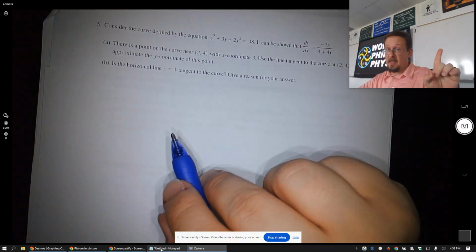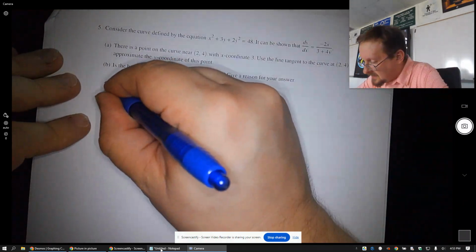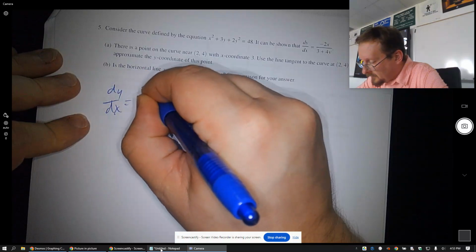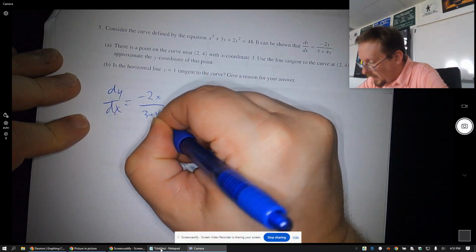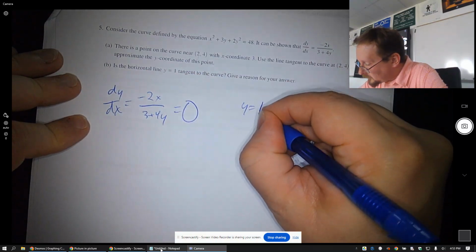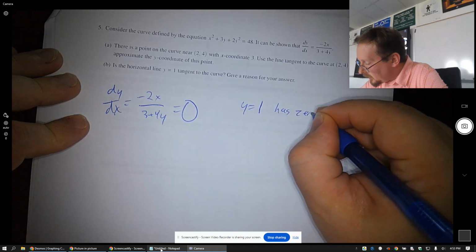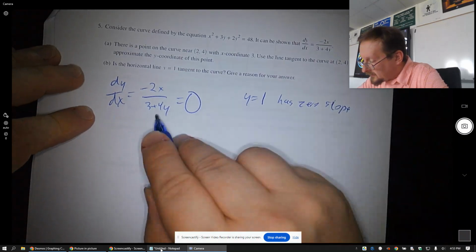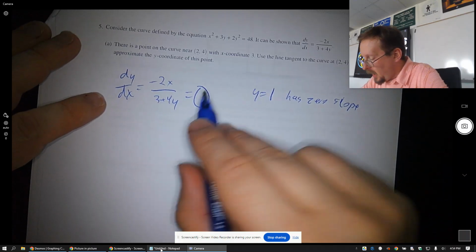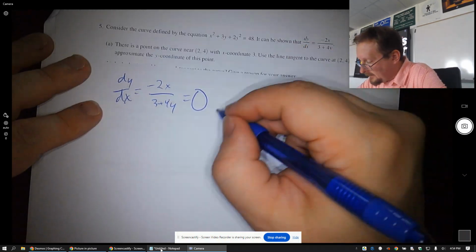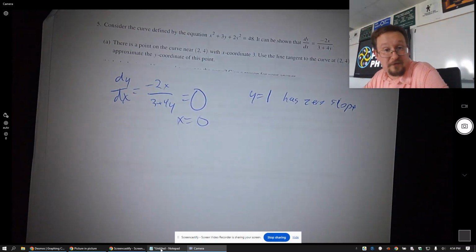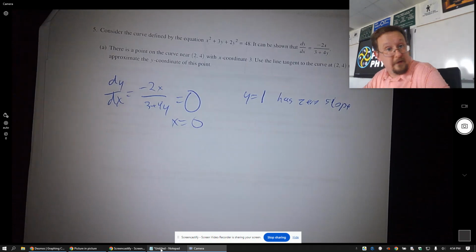All right, let's start with that. So I'm going to say dy dx equals negative 2x over 3 plus 4y, and I'm going to make that 0 because y equals 1 has 0 slope. Okay, so now let's solve. Oh, well, that was easy. x equals 0. So the only place the derivative is 0 is at x equals 0.